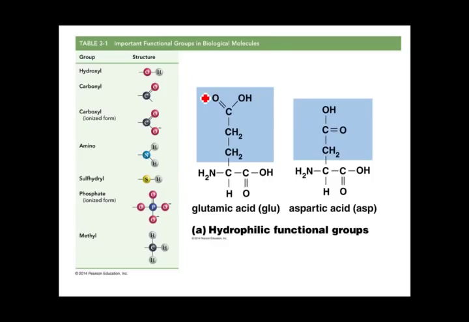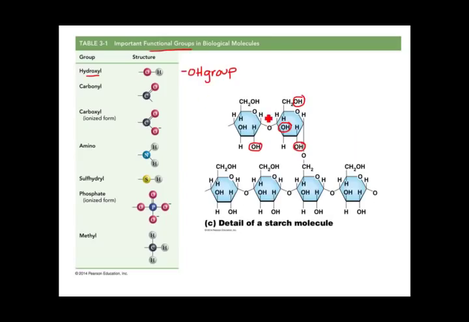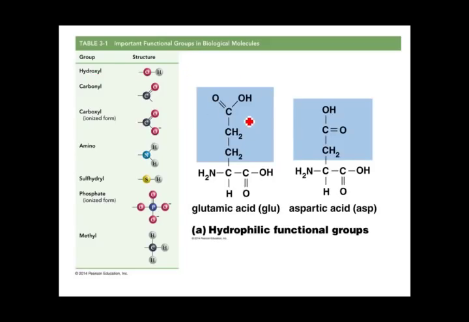Okay. Oh, and I should say, I forgot to say, these are examples of carbohydrates. We see lots of OH groups in carbohydrates. These are examples of amino acids, and amino acids are what we use to make proteins. In amino acids, we could definitely potentially find some OH groups just hanging out there by themselves. But what I want to call to your attention here are 2 others, the carboxyl, and I often just call this the carboxylic acid group, and the amino group.